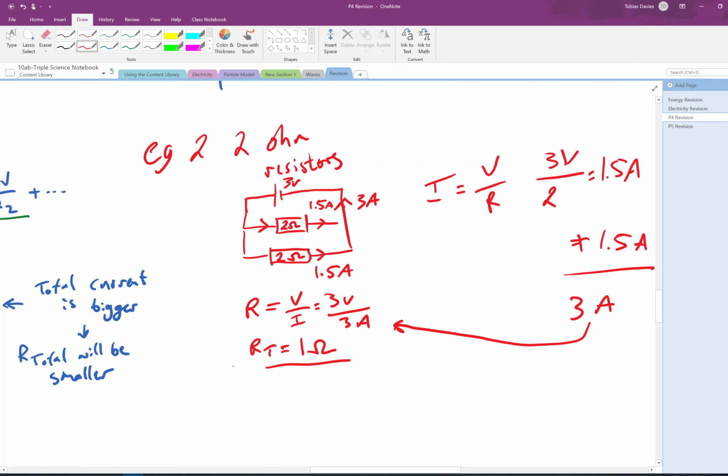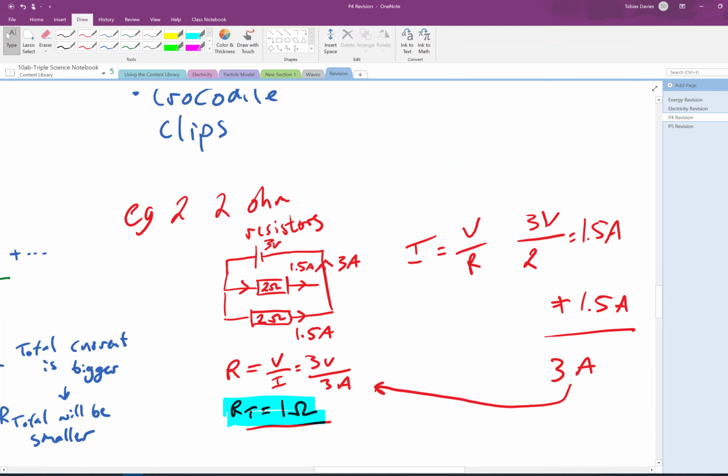So this is just for parallel resistors, and that is just for triple students. So if you're a combined student and you're thinking, I don't get it, that's fine, not a problem.